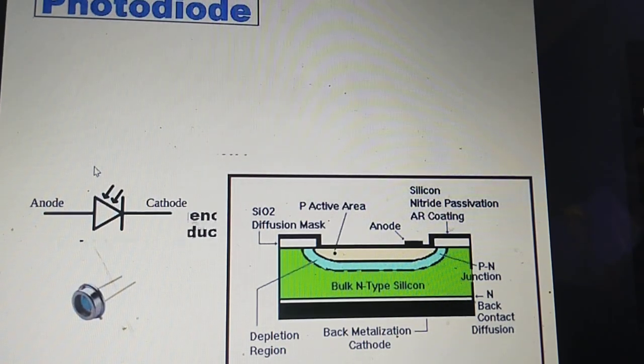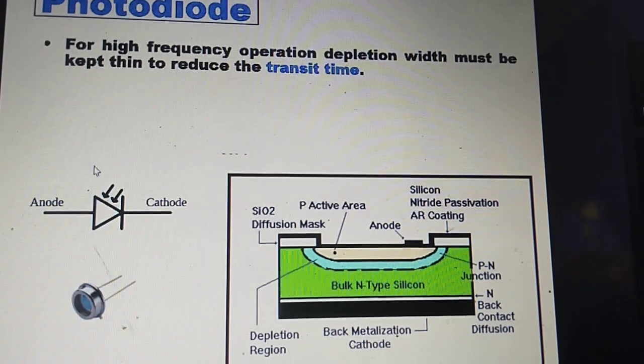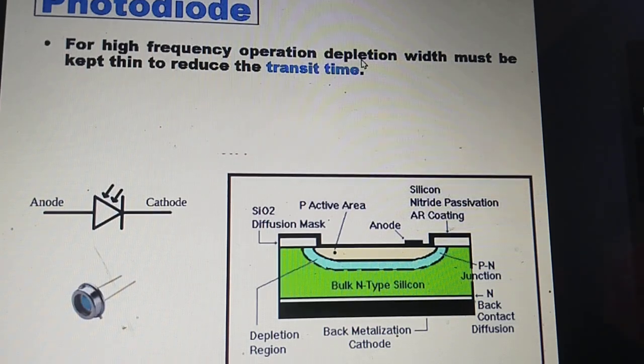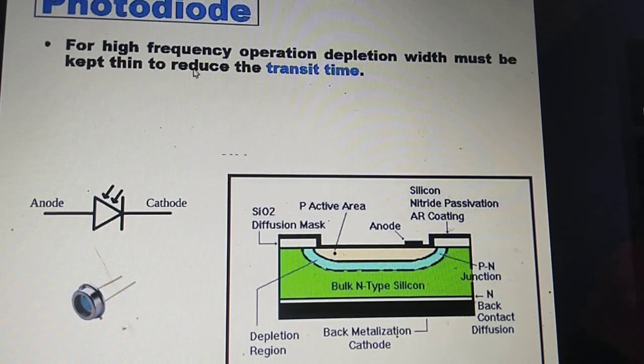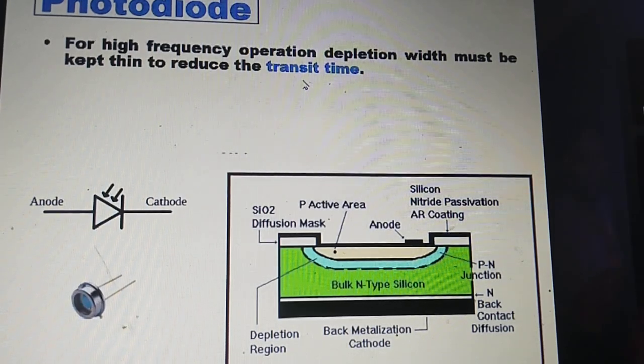Another aspect of the photodiode is this. If the photodiode absorbs high frequency light, for high frequency operation, high frequency light detection, the depletion width must be kept thin, and the transit time should be short, so that it can collect carriers within a very short span of time.